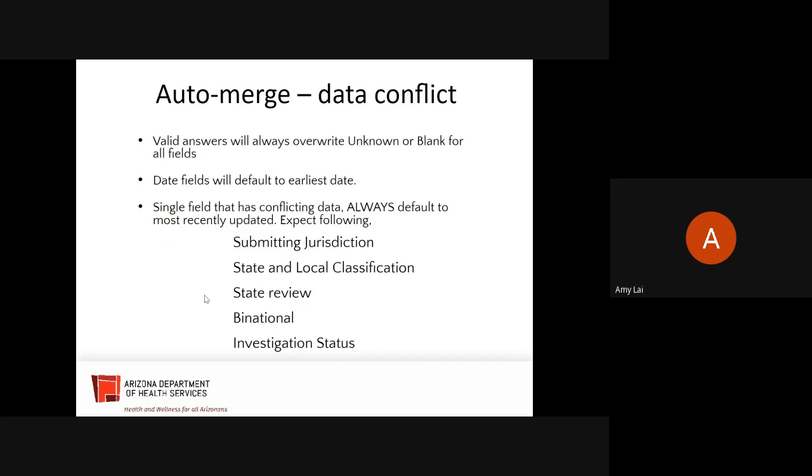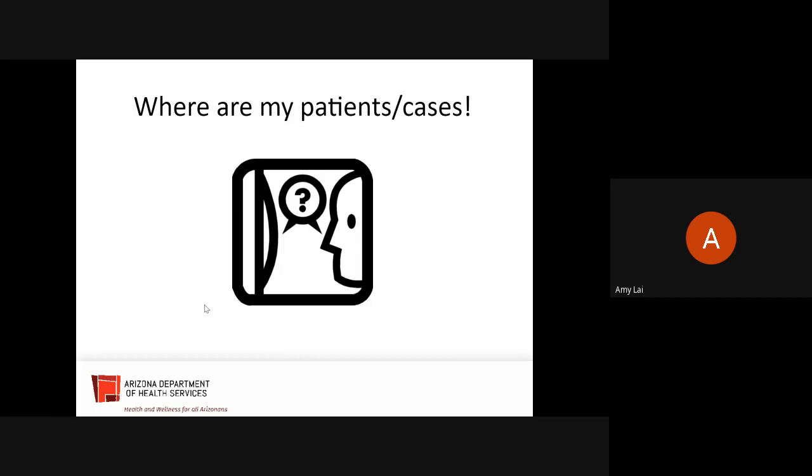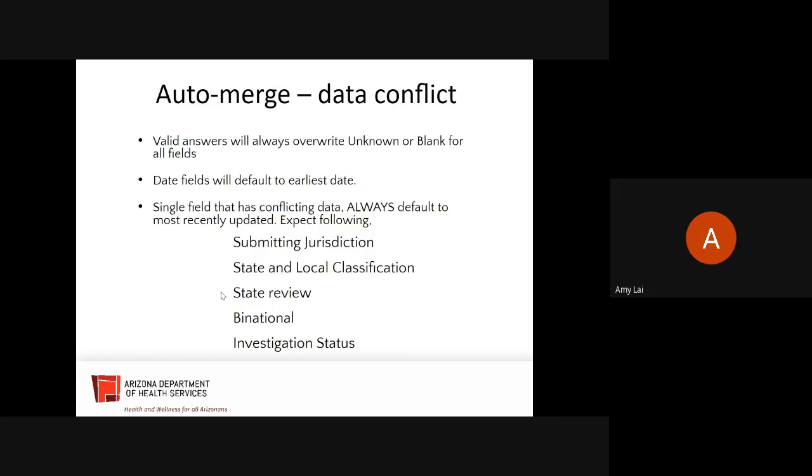So if Mexico was most recently saved, then once cases were merged through auto merge, the by national field will auto populate with Mexico and not Canada. And all this information is in the handout that's attached to the training invite.